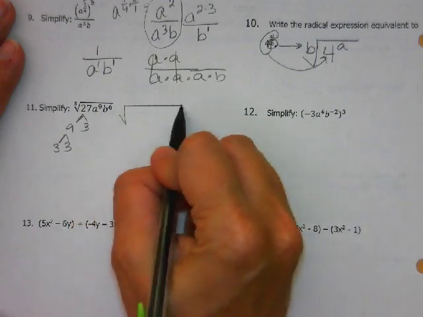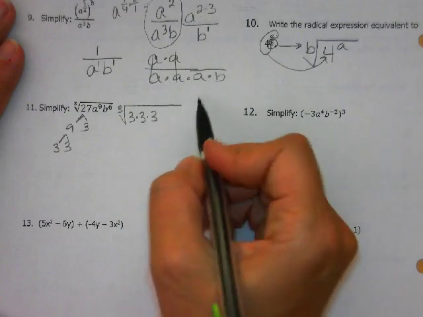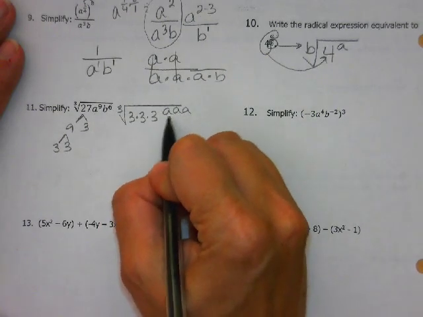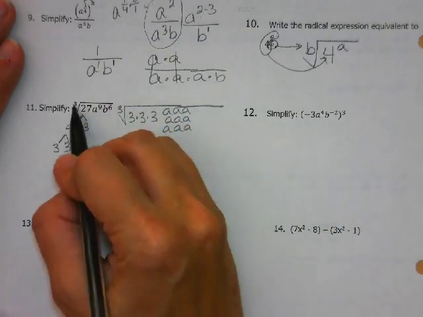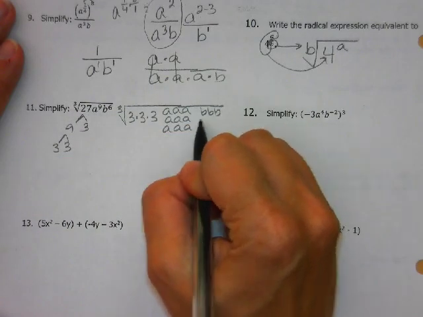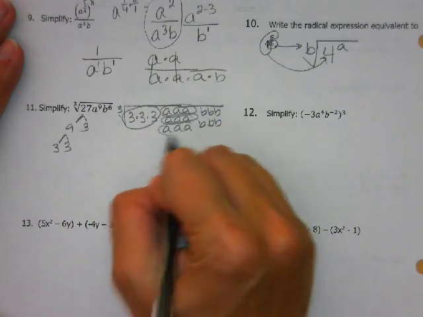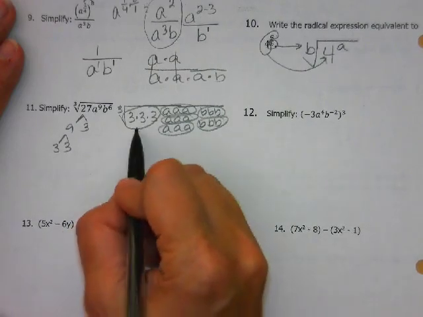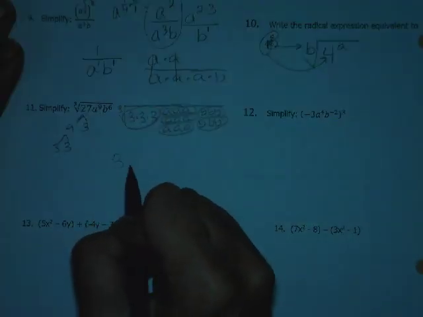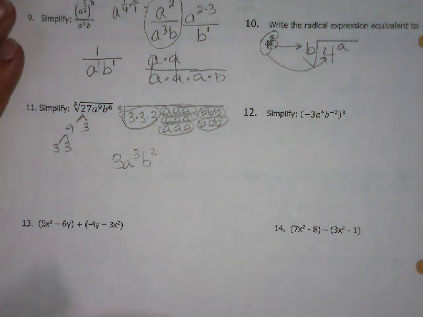So I could rewrite this, the cubed root, 3 times 3 times 3. If I have 9 a's, most of you realize you can simply divide that to figure out how many you would have. So I have a group of 3's. I have 3 groups of a's and 2 groups of b. So everything is going outside. So 3 a to the third b squared. Sorry, the lights went out there for a minute.